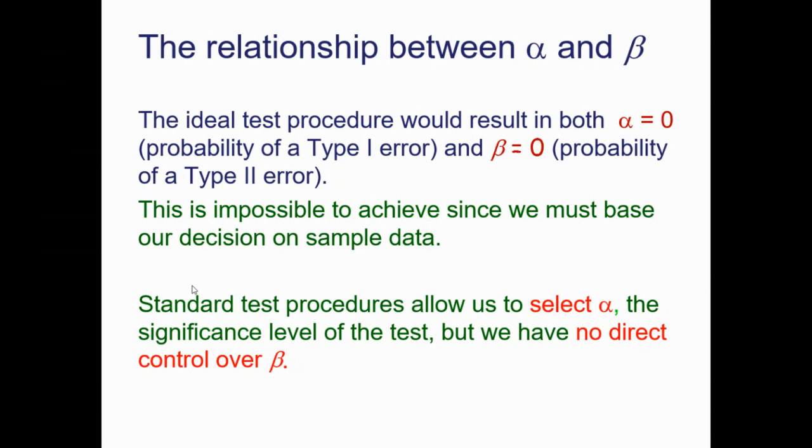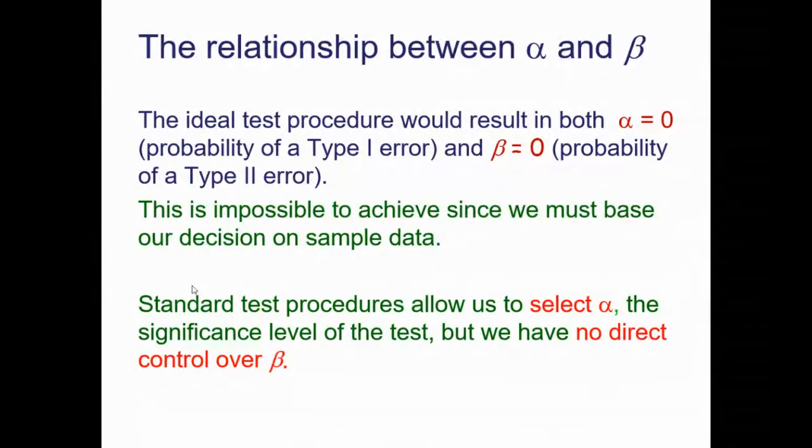So it's impossible to eliminate error. Standard testing procedures allow us to select an alpha, which is our significance level of the test, but we don't have any direct control over beta. We can control alpha, but we can't control beta.